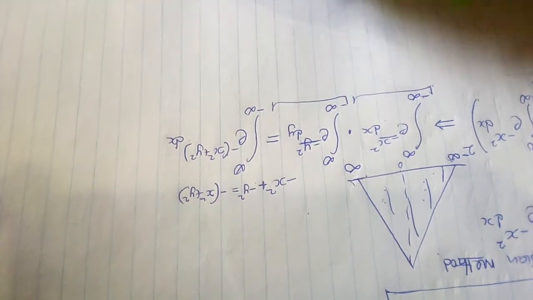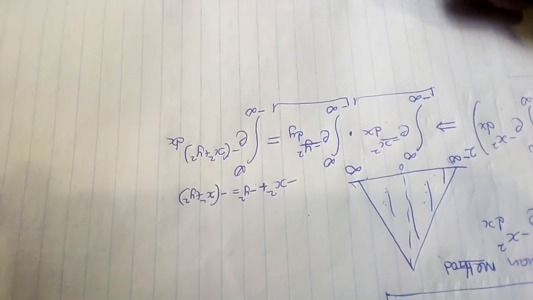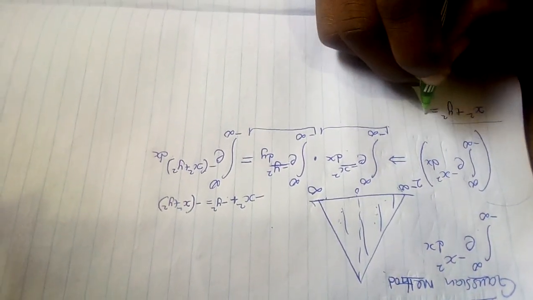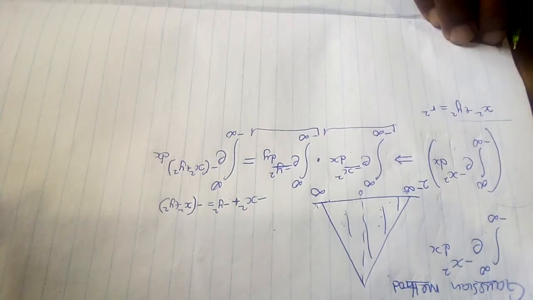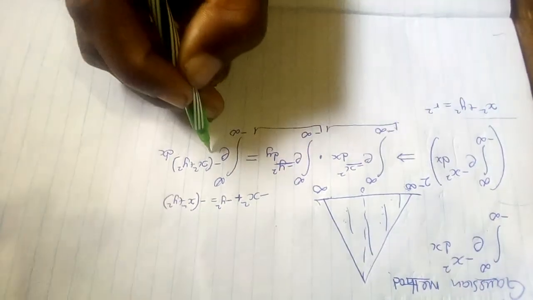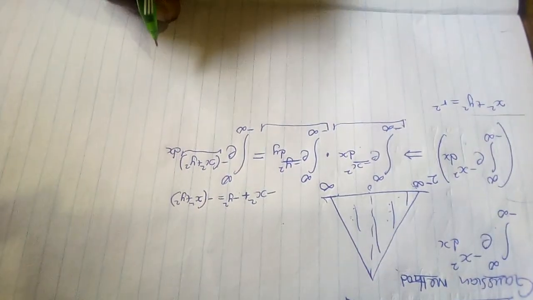We know that x squared plus y squared is equal to r squared. So we are going to replace x squared plus y squared with r squared.